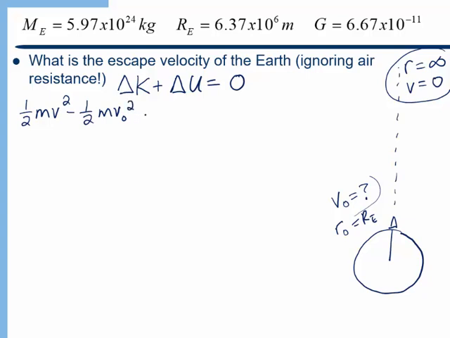Delta U, remember, is final minus initial, but it's negative G mass of the Earth, mass of the object, divided by the final separation between the two, and then plus G M_e m over r naught. And once again, I'm going to just right away put in that that's the radius of the Earth. And that has to equal 0.